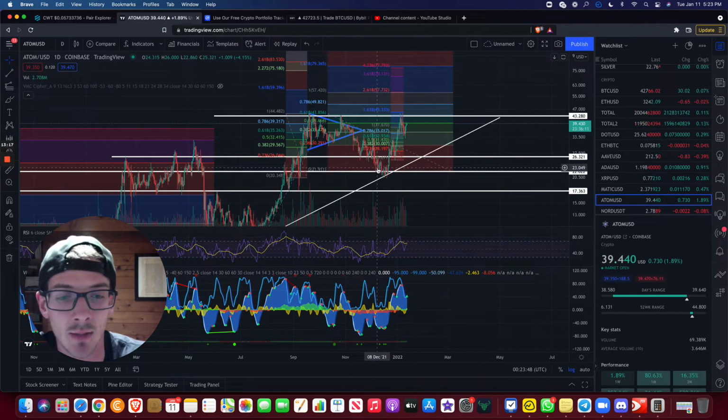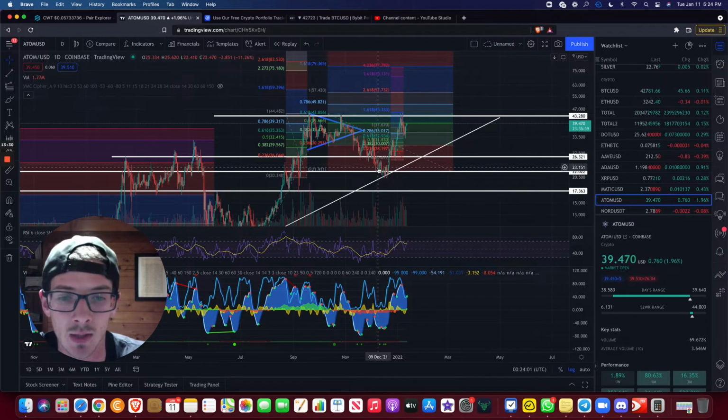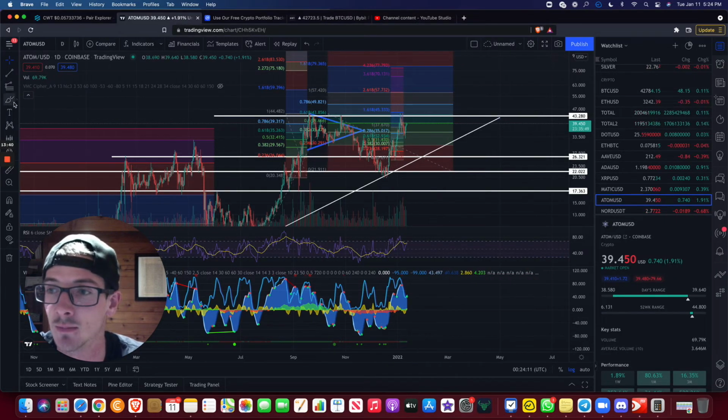Forget exactly when I bought in, but we were down here in between $22 and $26. So I took profits from Matic, put it into Atom, because what I was seeing here was we were way lower on the RSI. We were down near the bottom of a momentum wave, and then what we can see here for Atom after that was obviously a big run up.